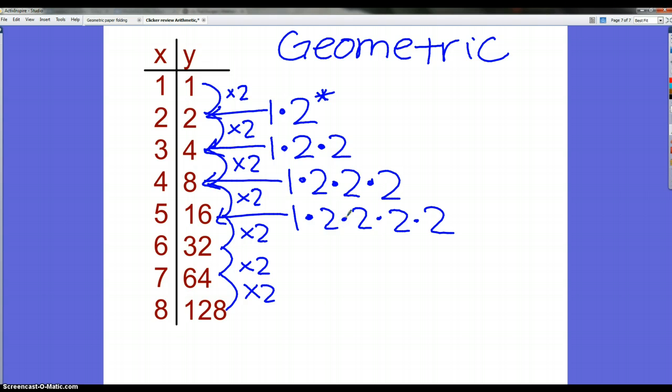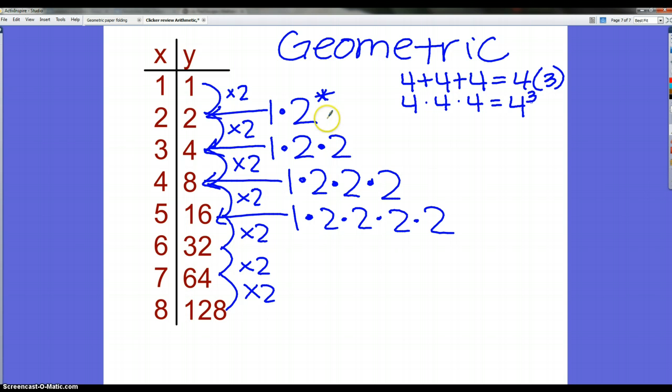We talked about how repeated addition is multiplication. So if I have 4 plus 4 plus 4, that's the same as 4 times 3. However, if it's 4 times 4 times 4, that's exponents, and it's 4 to the 3rd power.